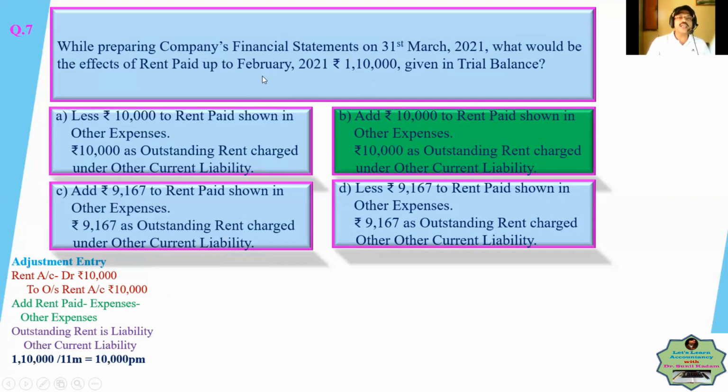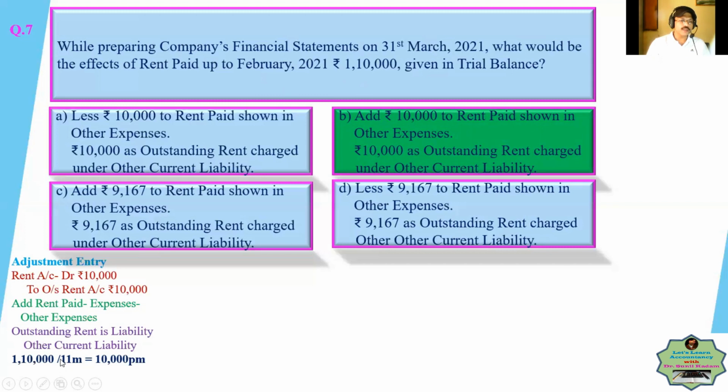Because it is said up to February, and February is the second last month of this financial year. Therefore, it is 11 months paid. From 1st April to February, when you count, it comes to 11 months. And the last month is not paid yet or not considered yet. Therefore, we work out the per month rent as 1,10,000 divided by 11.